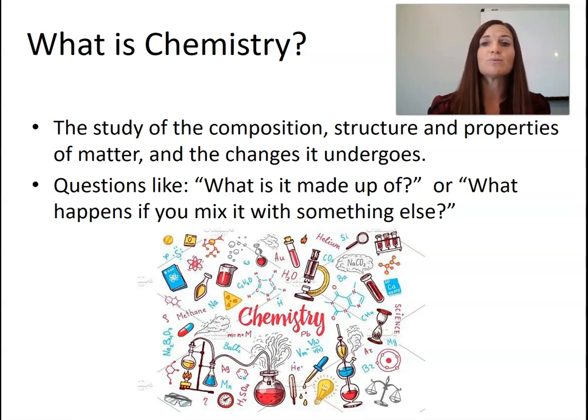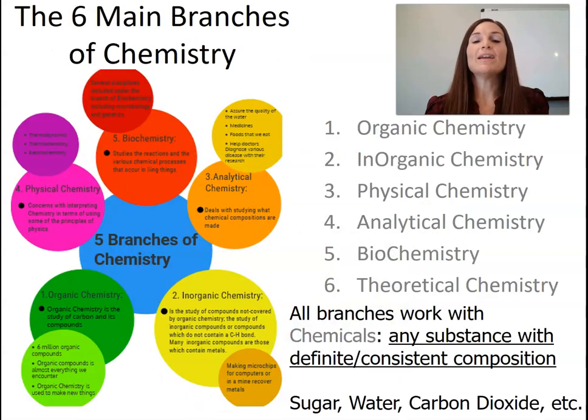We can make new things, we can break things down, we can just understand what they're made of. And so those are all things that we're going to be going through in this semester of chemistry. So we break chemistry into 6 main branches, and I have like a little infographic here that I borrowed to explain the different types of chemistry.